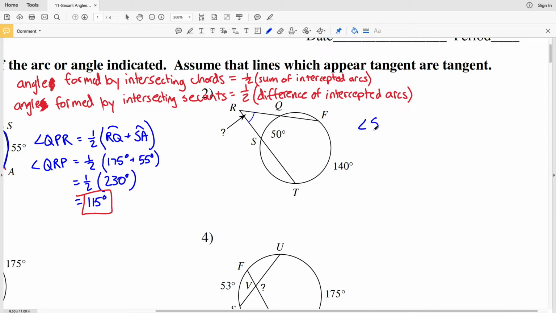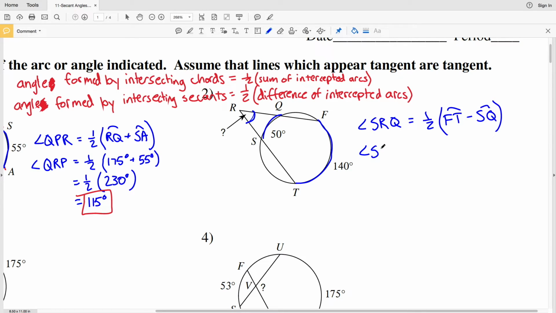So angle SRQ is going to be equal to half the difference of the intercepted arcs. And that's going to be the larger arc minus the smaller arc, because we don't want a negative number if we're dealing with the measure of an angle. So the larger arc, FT, minus the smaller arc, SQ.